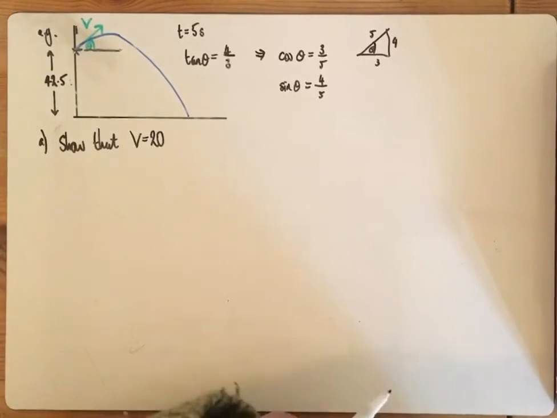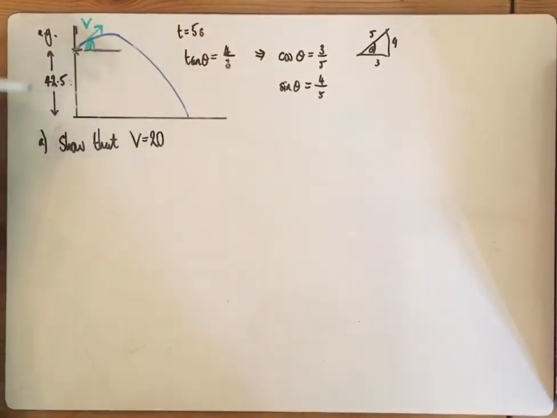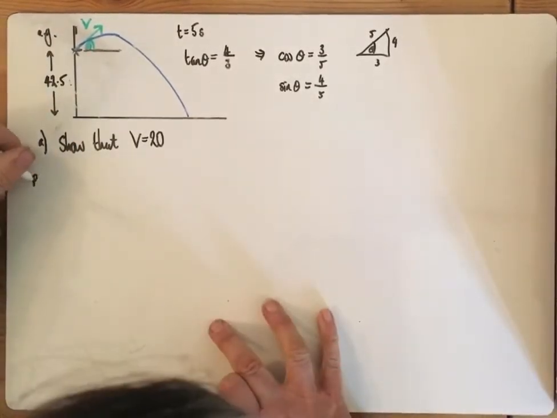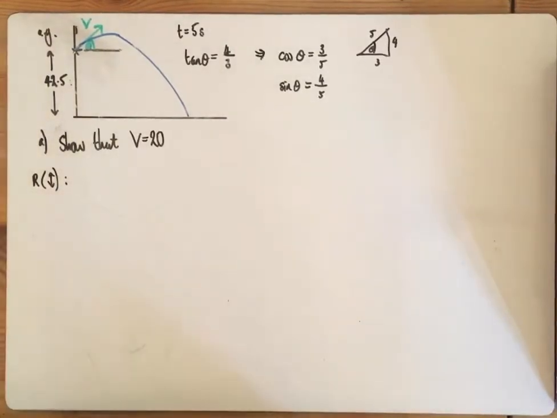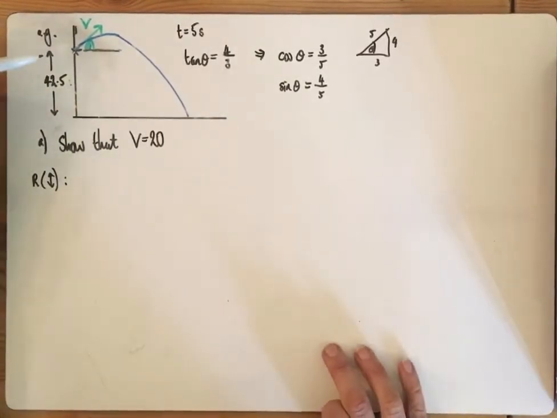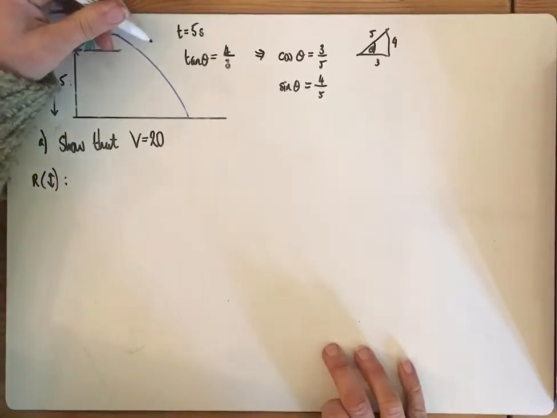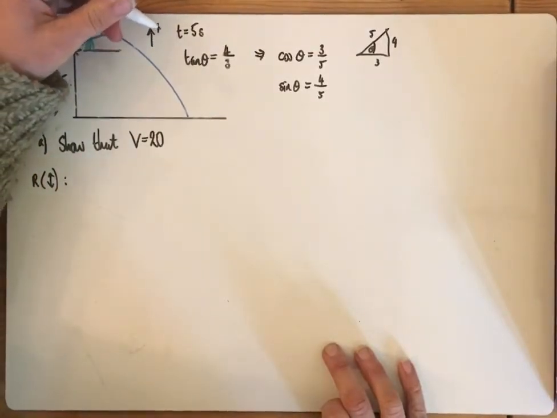First thing is to show that V is equal to 20. Most of my information is vertical. Well, the only bit of information is vertical. So I'm going to resolve vertically, upwards positive. I would just be consistent with that right the way through.